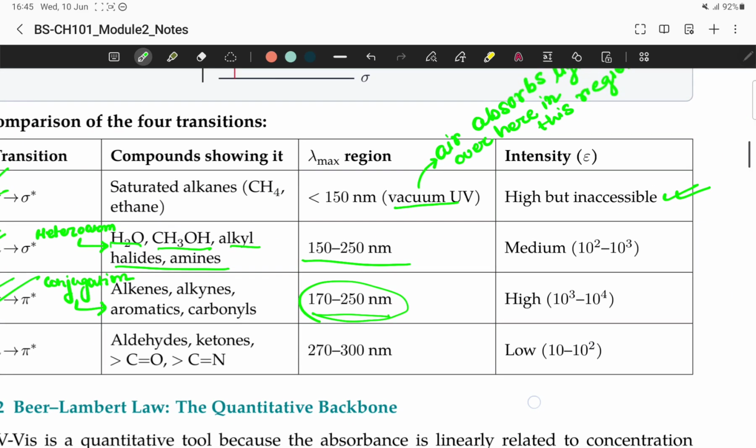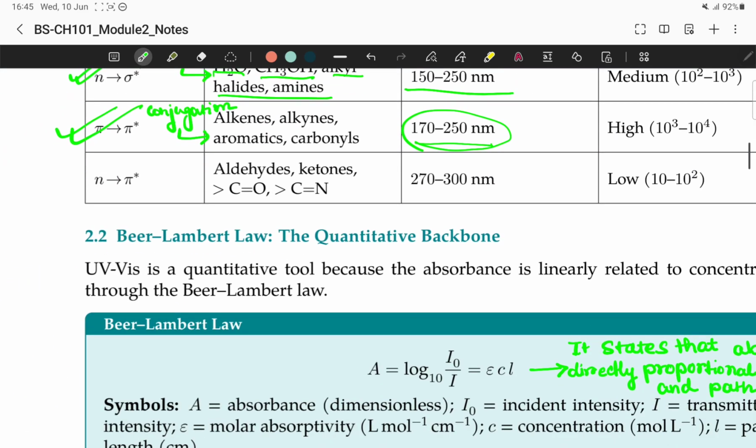This is the intensity. Then after this we have n to pi star. n to pi star is the carbonyl transition, our lowest energy transition.